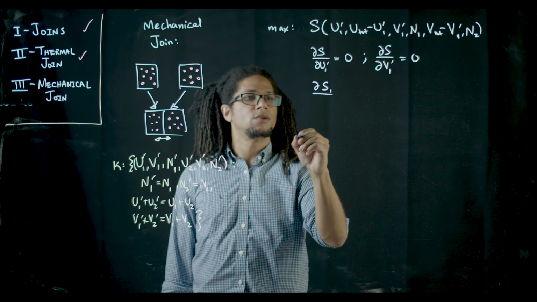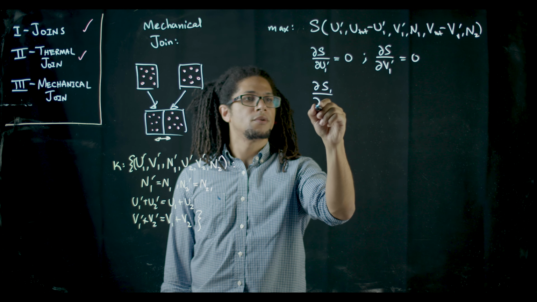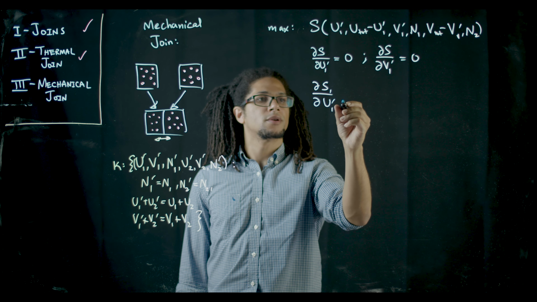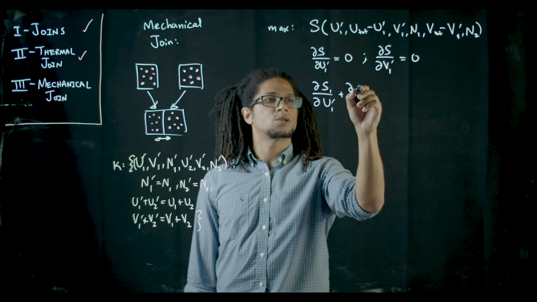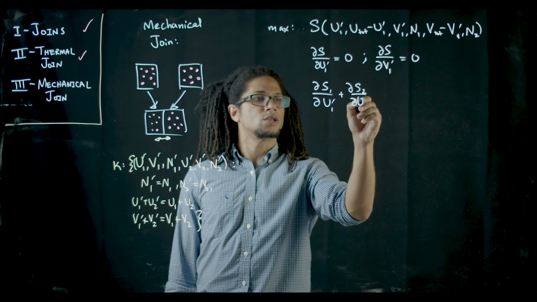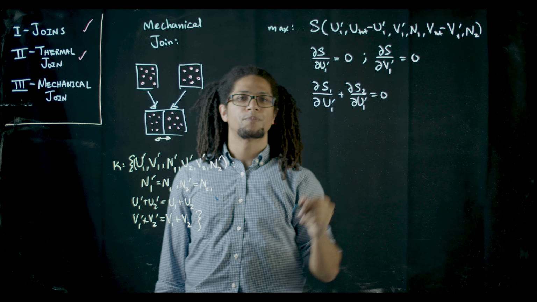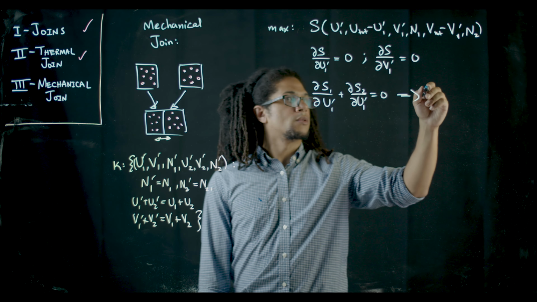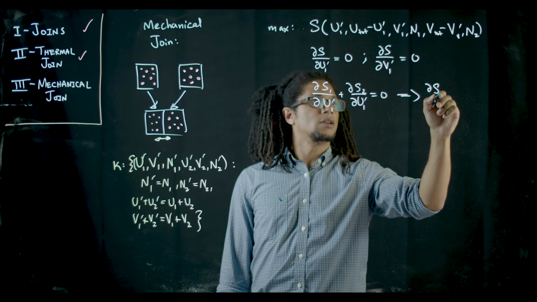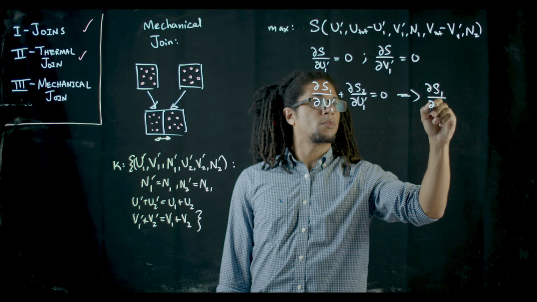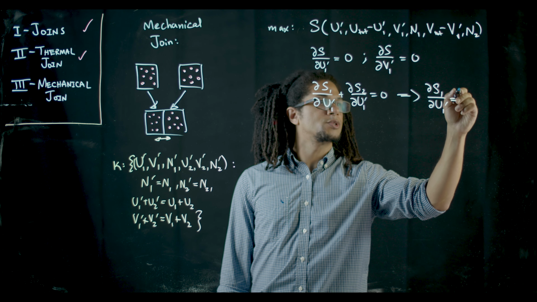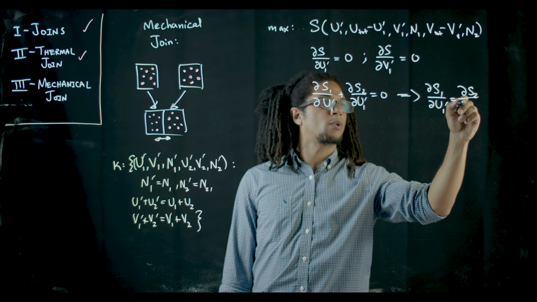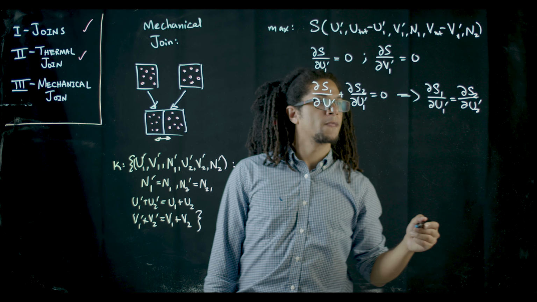So we'll have partial S1 partial U1 prime plus partial S2 partial U1 prime is equal to 0. But that's precisely the condition that we found before, right? So we will have partial S1 partial U1 prime is equal to partial S2 partial U2 prime.